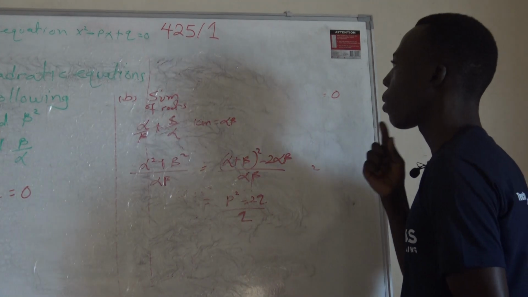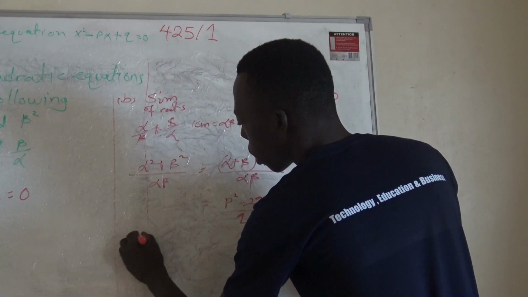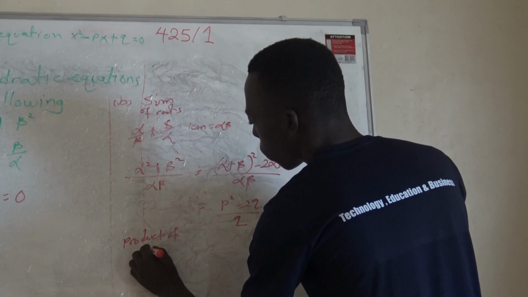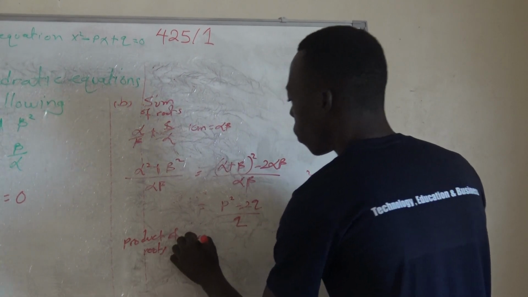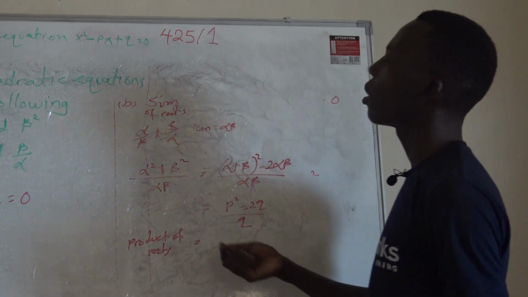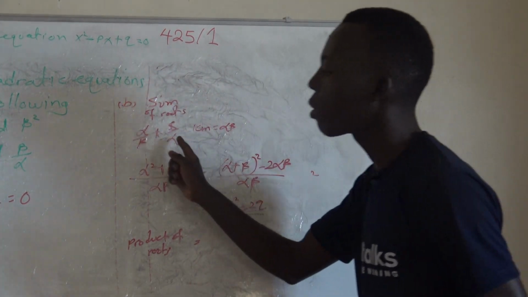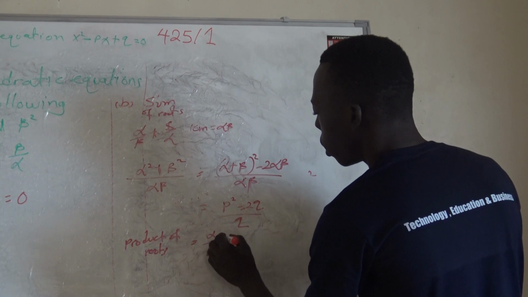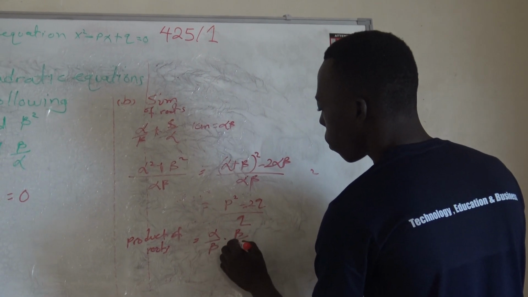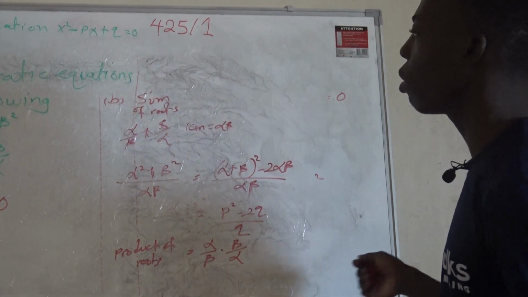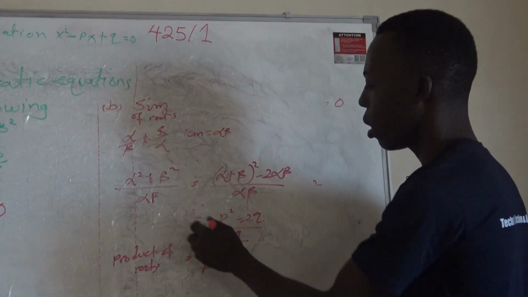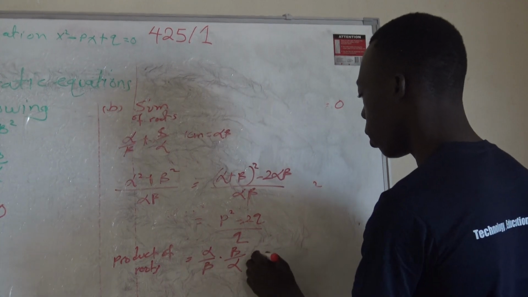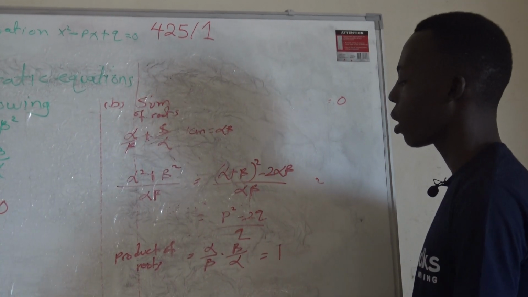Then from there also get the product of roots. The product now becomes this one times this one, which is alpha out of beta times beta out of alpha. When we multiply the two, this and this cancel, and that and that also cancel, so the result we get is 1.